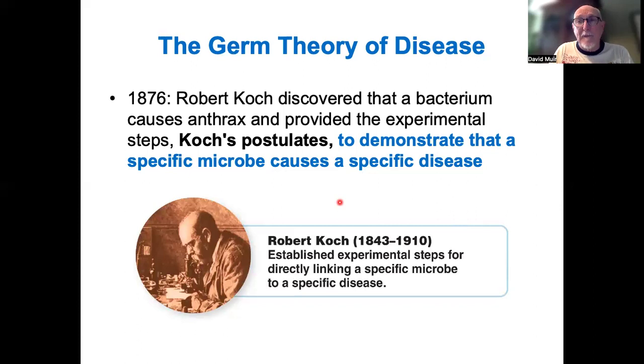He believed that specific bacteria would cause specific symptoms. And he worked in particular on a very, very dangerous organism called anthrax. Now, anthrax is a bacillus. It's called Bacillus anthracis. And it causes the disease of anthrax.